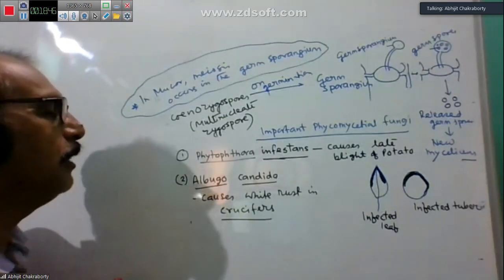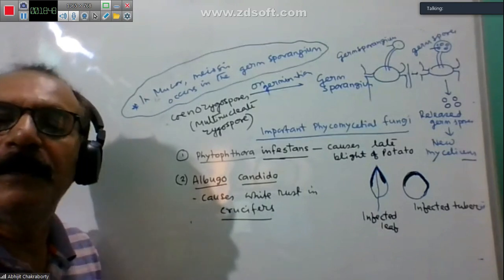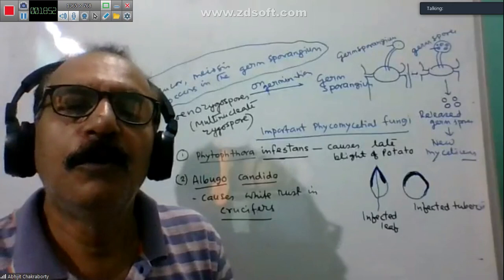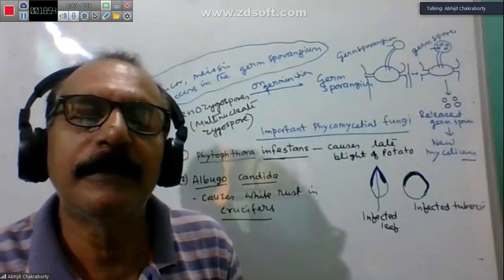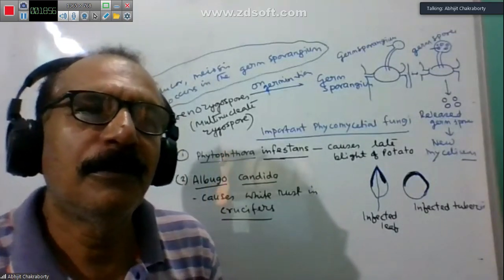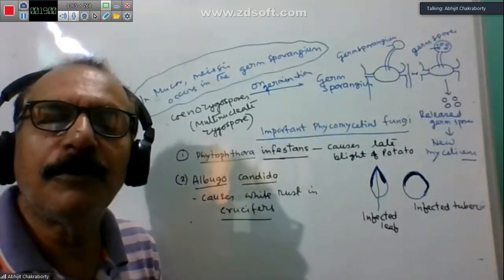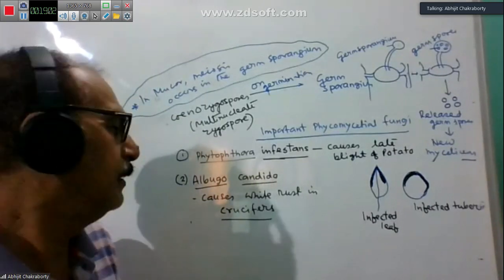Crucifers refers to the plants belonging to the family Cruciferae, which is now called Brassicaceae. A common crucifer is mustard. Everyone knows the mustard plant.